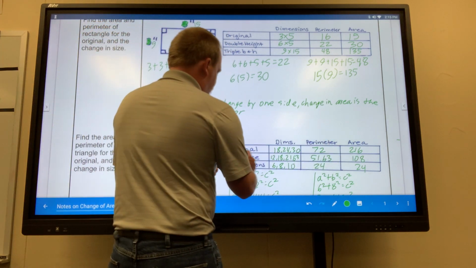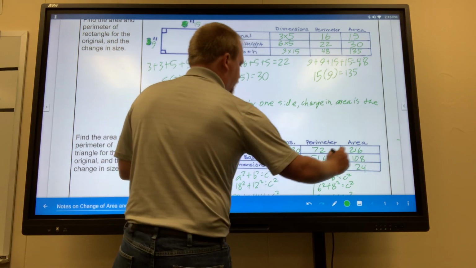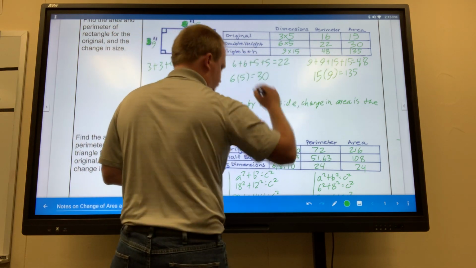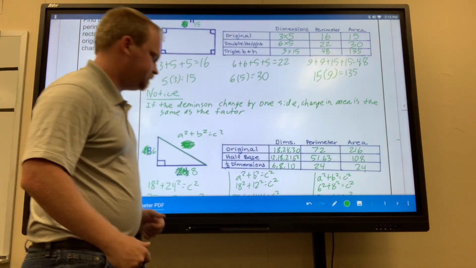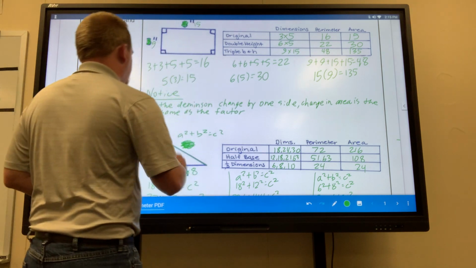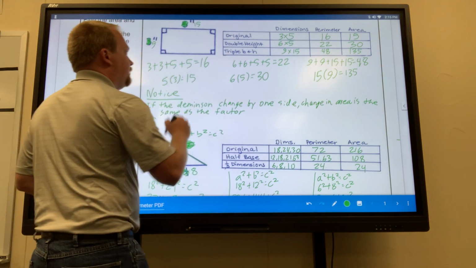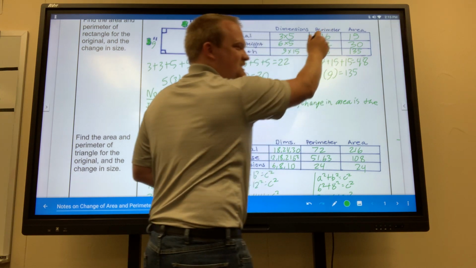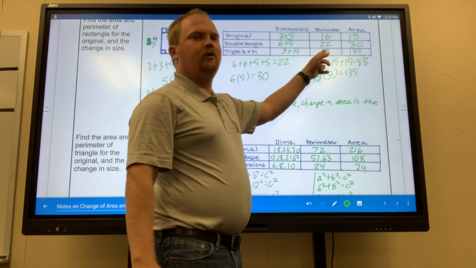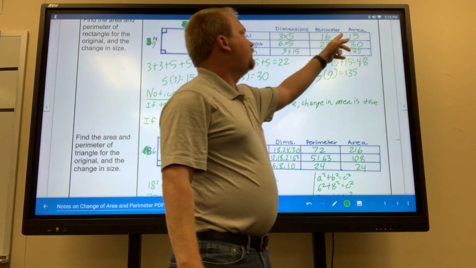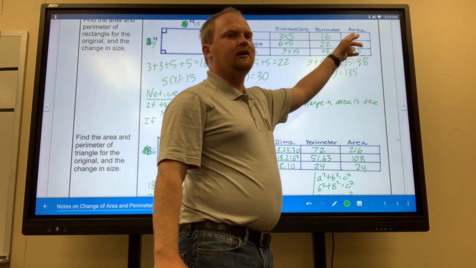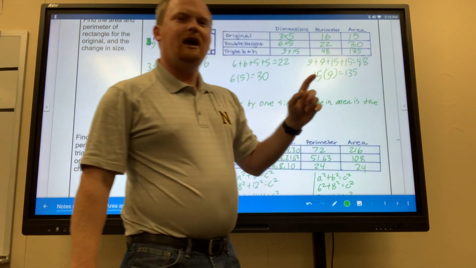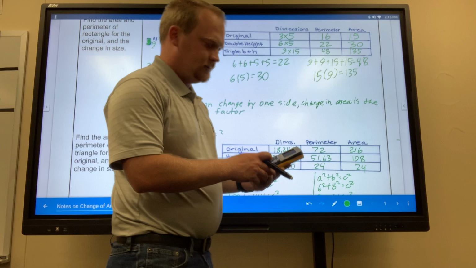But notice that if I take a third, or at least if I triple this, there's something else to it. So think about this. If I triple the perimeter, which is 16, it does give me 48. Now, triple 15 doesn't necessarily give me 135. But if I square the 3, it makes it 9.